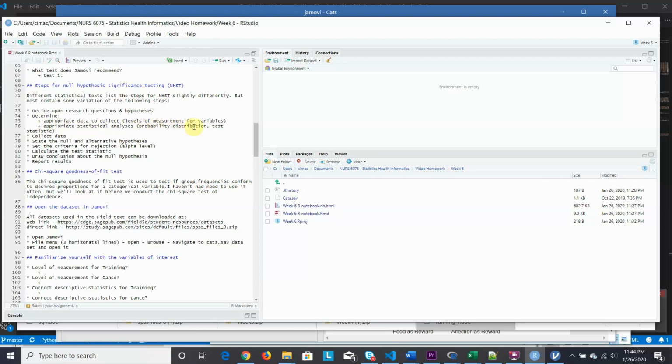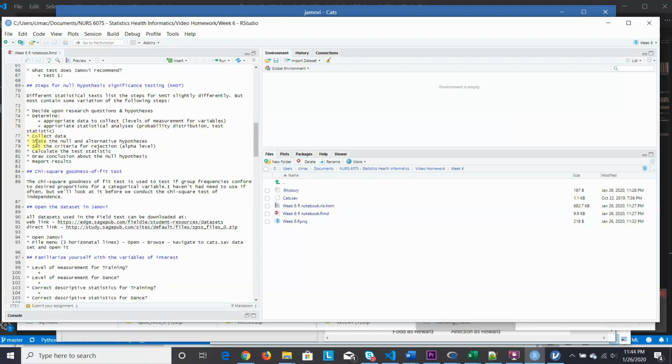And in the case of chi-square tests, those follow a chi-square distribution. So when you're looking at categorical data, that's your distribution. And our test statistic is a chi-square statistic. Then once you've made those decisions, you're going to collect your data.